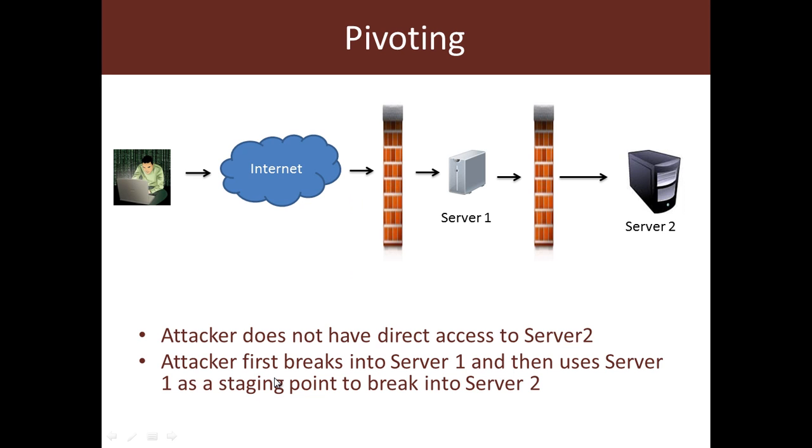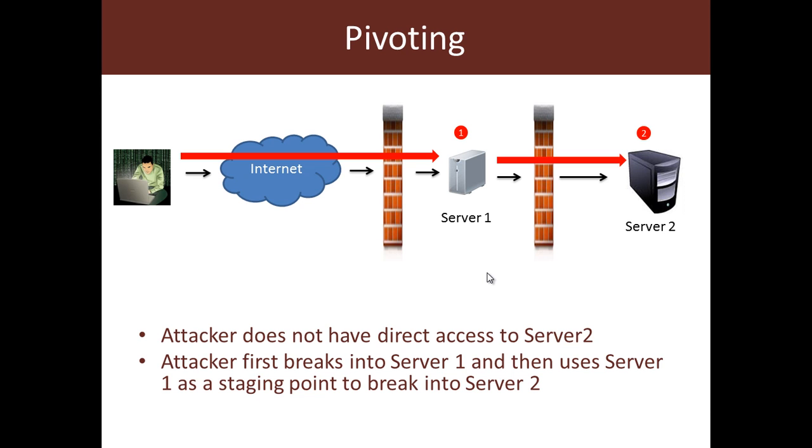So how does pivoting actually work? The attacker first compromises server 1, to which he has direct access, that is, IP level connectivity. Once he breaks into server 1, he uses it as a staging point for further attack into the network and then breaks into server 2, right?